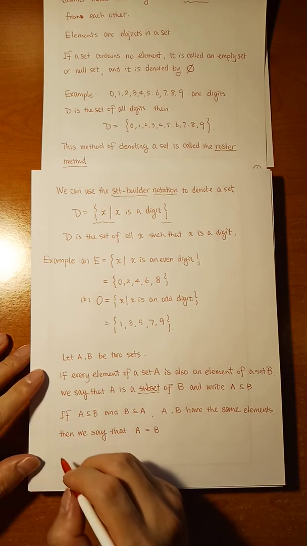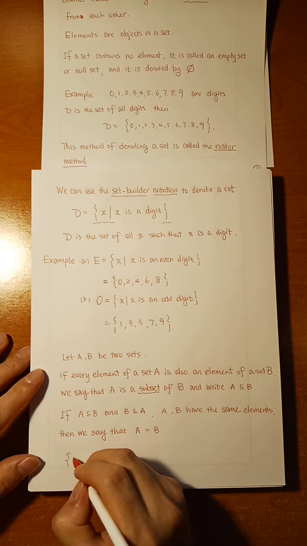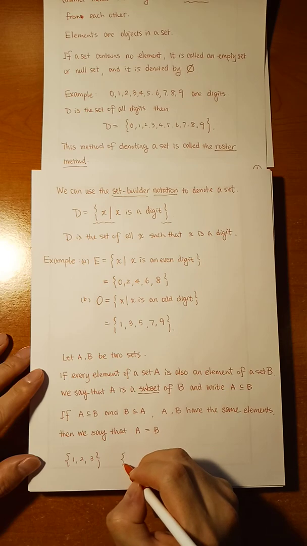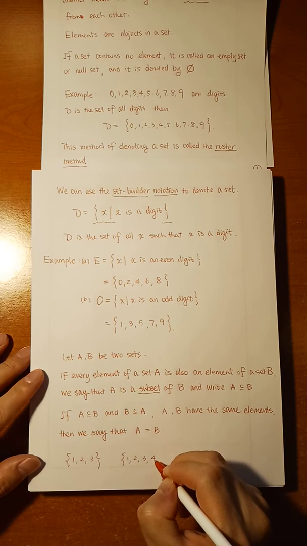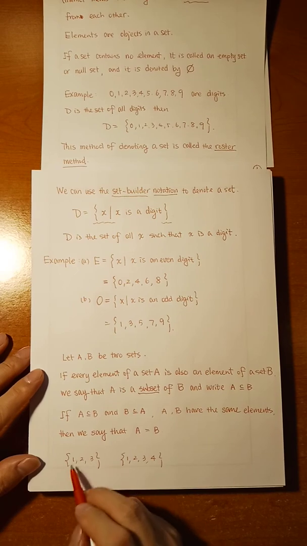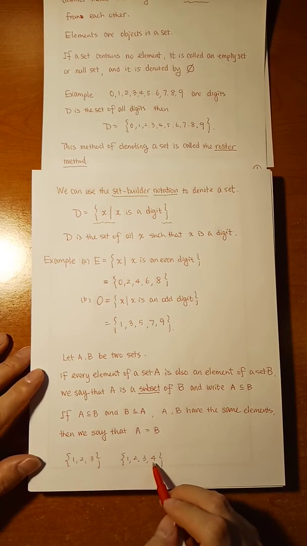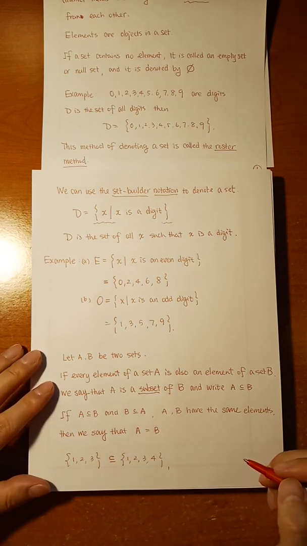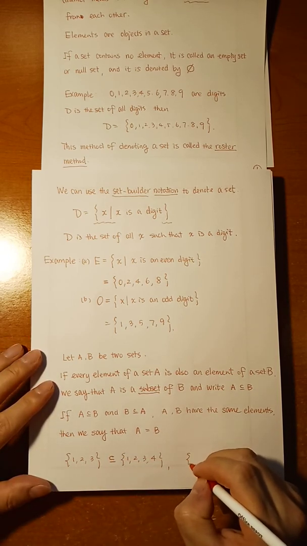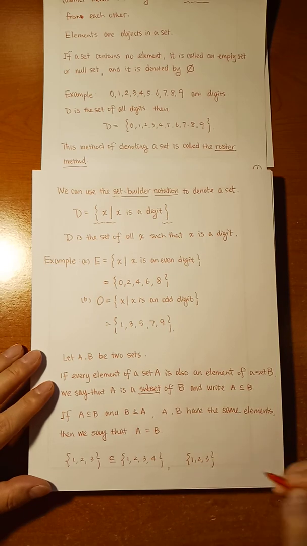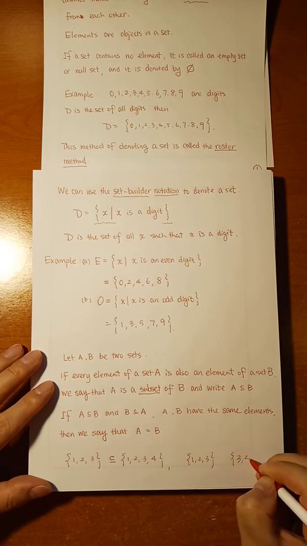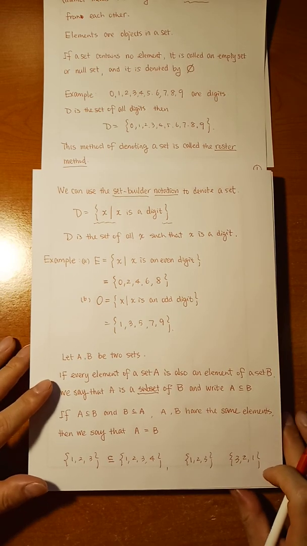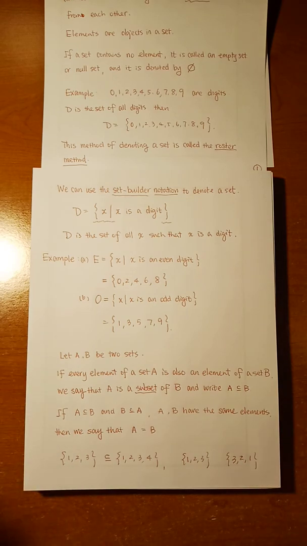All right, so for example, let's see if we have 1, 2, 3 in roster method, and another one 1, 2, 3, and 4. Of course, every element of the first set belongs to the second set, so it's a subset of the right side set. Okay, so this is a subset. And 1, 2, 3, and 3, 2, 1, they have the same elements. In set language, we never talk about order.